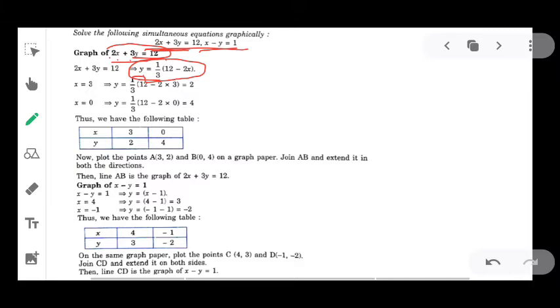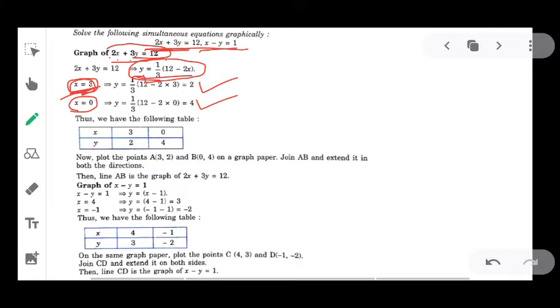Now take the value of x equal to 3. You can take your own values like 1, minus 1, 2, minus 2. So when you put x equal to 3 in this equation, then y becomes 2. Then when x equal to 0, y will be 4.